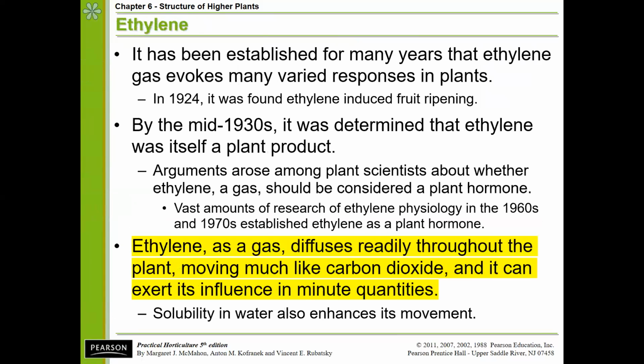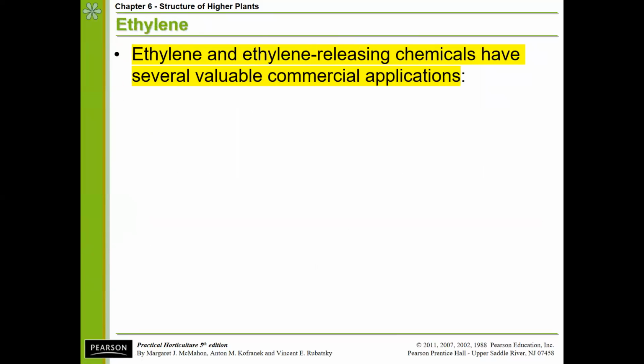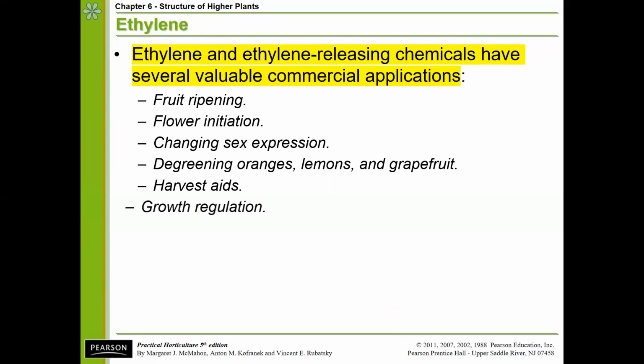Ethylene is mostly used as a gas, which moves throughout the plant, and you don't have to have a whole lot of it to actually have the effect of ethylene, which is used for fruit ripening, flower initiation, sometimes changing the sex expression of the plants, degreening of climacteric fruits, aiding harvest, and growth regulation as well.